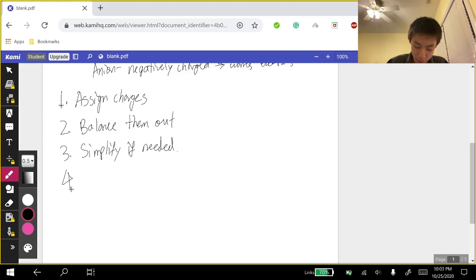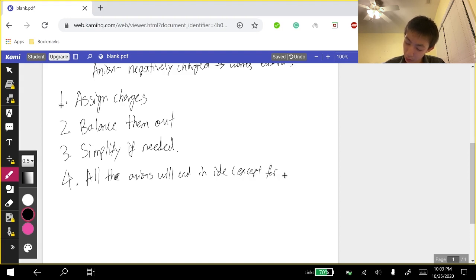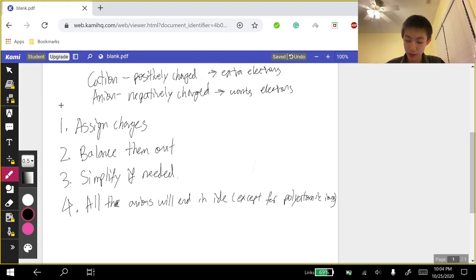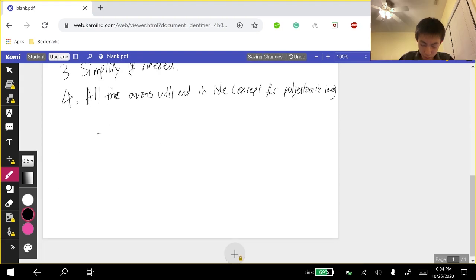And four, all the anions will end in "ide" except for polyatomic ions. Okay, your teacher might teach you a swap and drop method, but I prefer to do it this way because it makes more sense in my mind.